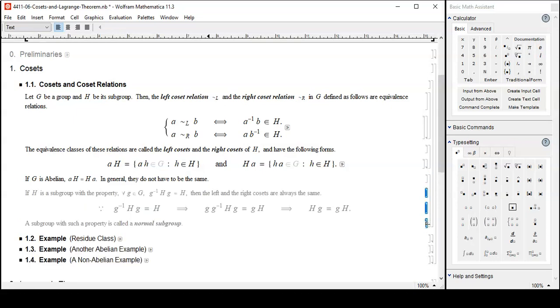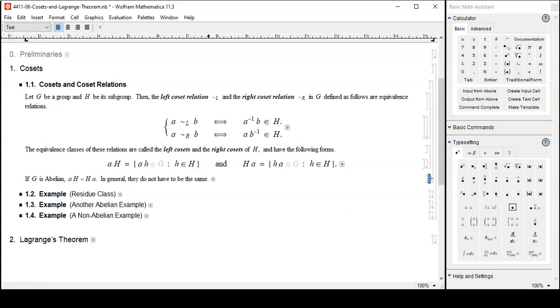Even when they are non-abelian, if they satisfy this particular property, then it turns out to be okay. The left-hand side and right-hand side cosets are the same. And these kinds of subgroups are called normal subgroups. For abelian groups, every subgroup is normal, but for non-abelian groups, that's not always the case.